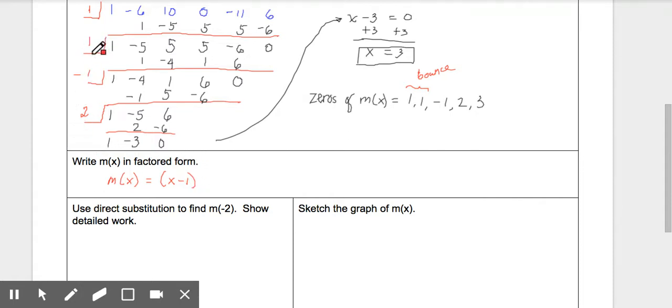And because 1 is a 0 2 times, we can just put here squared times. Negative 1 is a 0, so x minus negative 1, which gives us x plus 1. And the next one is positive 2, so we will take x minus 2. And the last one is x minus 3.